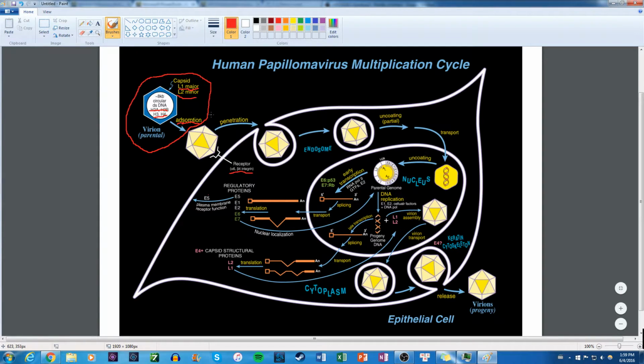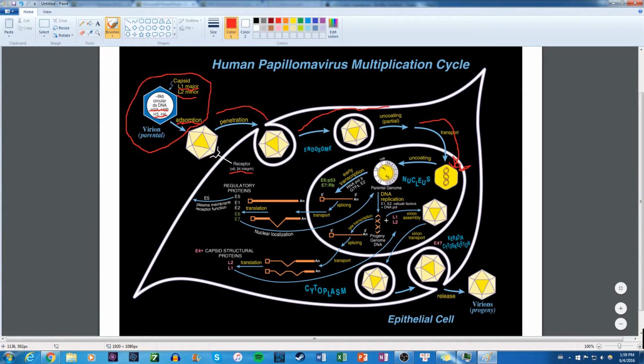So attach, penetrate. You have that partial uncoating like before. You have to transport into the nucleus. And I'll reiterate, it has to go into the nucleus because it's a DNA virus. So when it makes its mRNA or replicates its genome, it has to do so in the nucleus, where the cell machinery can actually read DNA.